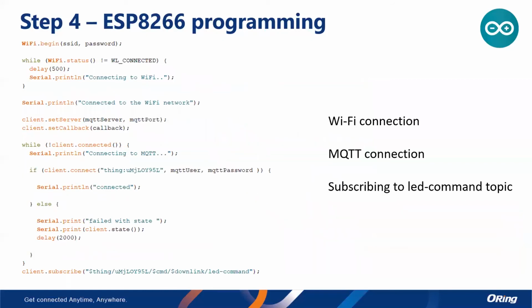Next step is establishing the Wi-Fi connection. So with the specific library, we are beginning the connection with SSID and password. And then we are moving to opening the TCP socket and establishing the MQTT connection. So the thing ID, MQTT user, and MQTT password are the values used for the authentication.